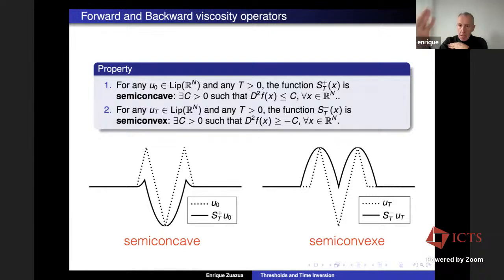And of course, the impact they have on the same datum changes dramatically. For instance, on the left, you see an initial datum that is this kind of M or W-like shape, right, with peaks dotted. And you see on the left the semi-concave solution of Hamilton-Jacobi forward. What does it mean, semi-concave?